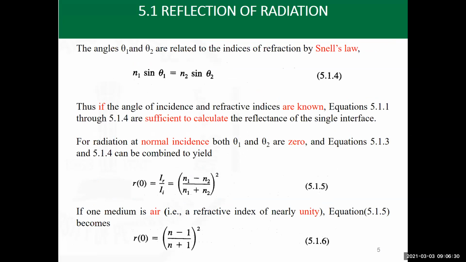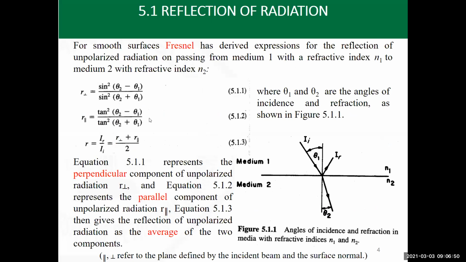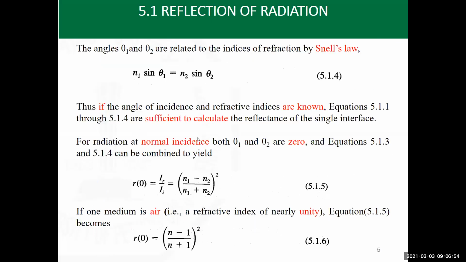If the medium is air, then the equation is also modified so that you get the reflection with this expression: n minus 1 over n plus 1, whole squared. So this is the general expression that we have here based on the angle. If the angle is 0, then the equations modify to that expression. If the medium is air, then we can also have this expression as you can see here.